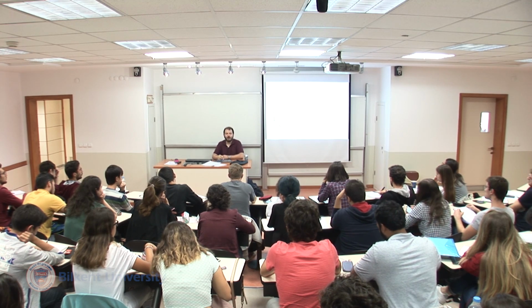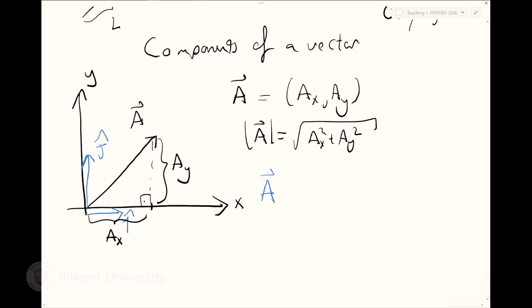So instead of thinking about A as made up of 2 numbers, that's one notation. Instead, I can write A is going AX units in the x direction plus going AY units in the y direction. All right? So in a moment, you'll see why this notation is better when I actually start defining vector multiplication. All right?